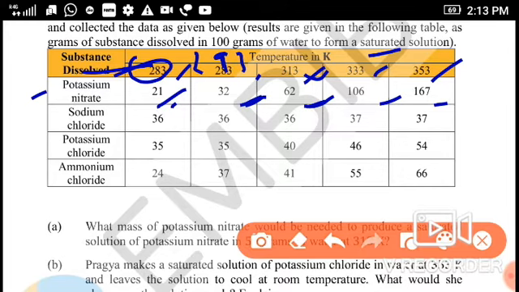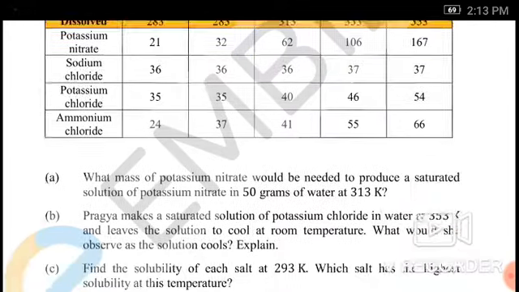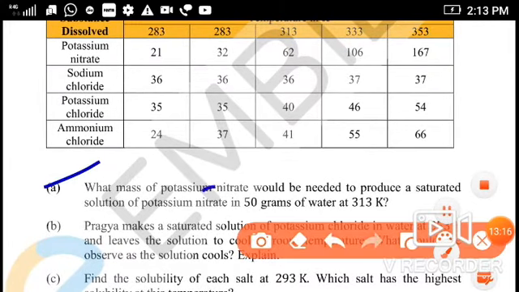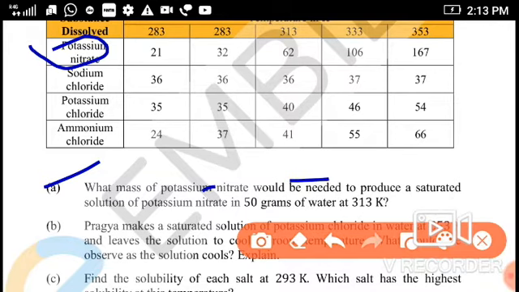Okay, then the first question is, what mass of potassium nitrate, where is potassium nitrate, this, would be needed to produce a saturated solution of potassium nitrate in 50 grams of water at 313 Kelvin.